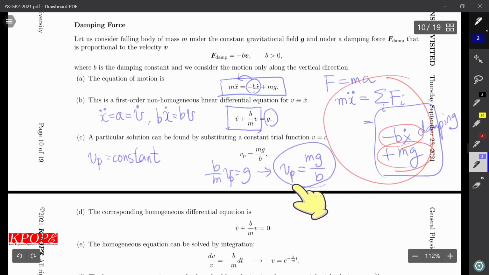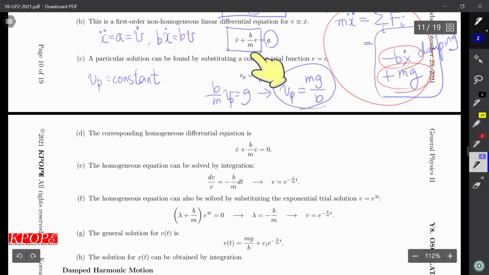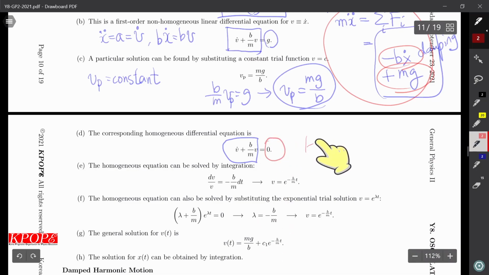We have obtained the particular solution. Next, we need to obtain the general solution for the corresponding homogeneous differential equation. The homogeneous differential equation has the same form on the left side, and the right side is 0.